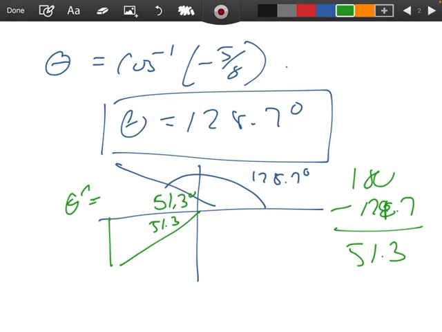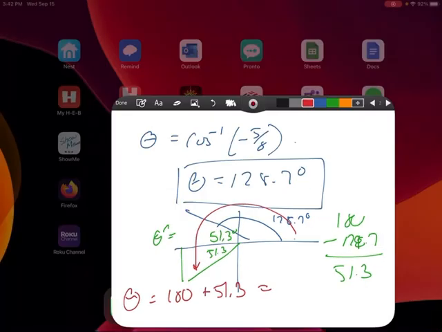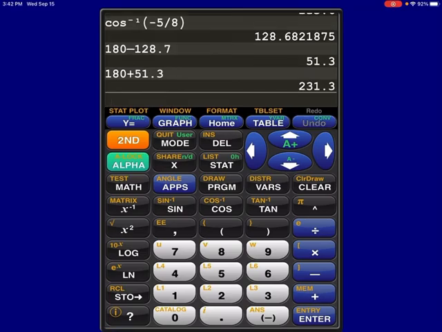So the way I'm going to find this angle now is I'm going to take 180 and add 51.3. 180 plus 51.3 is 231.3.